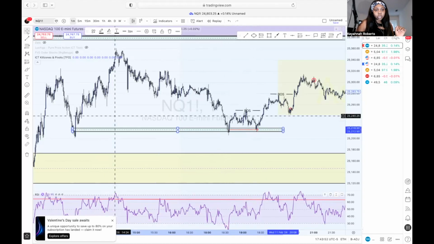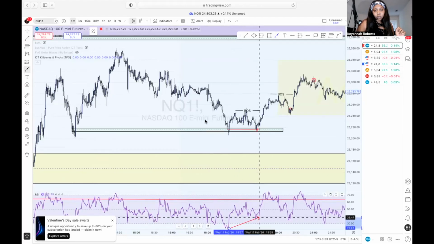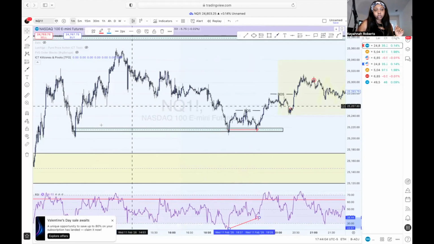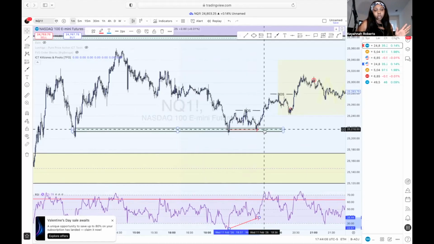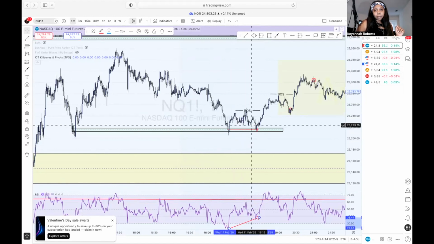So again, as you can see here, the RSI is doing the complete opposite of what price is doing. So that is my first confirmation there. So actually my second, because we're at a fair value gap or the block. And then also we have our divergence here.